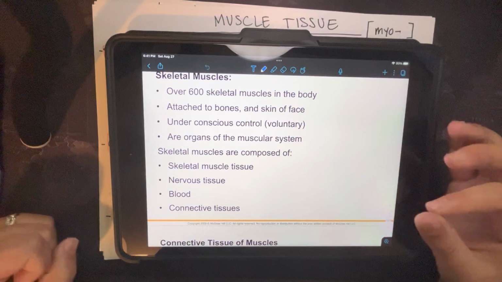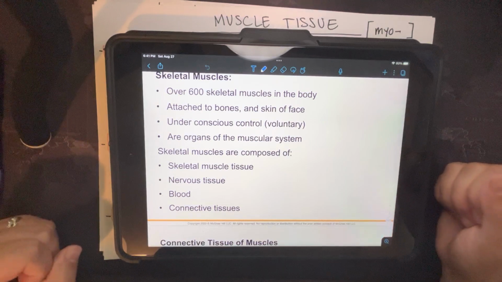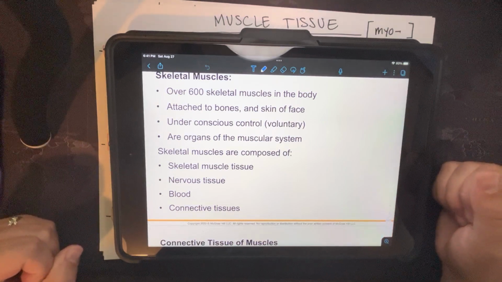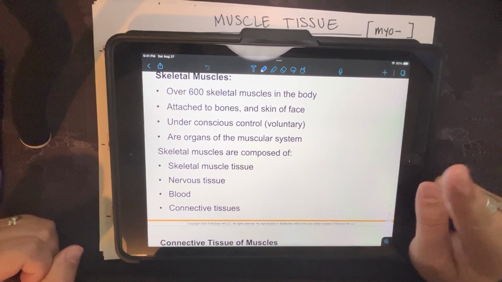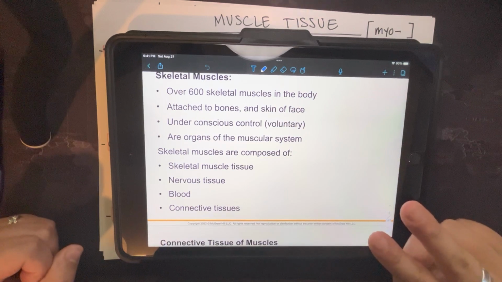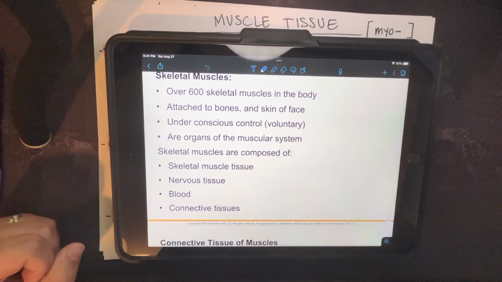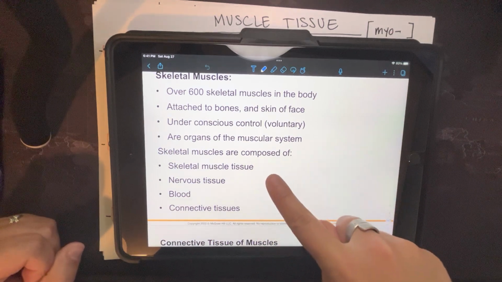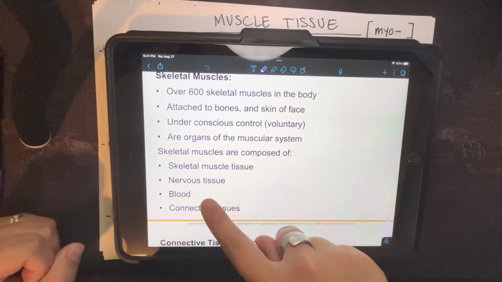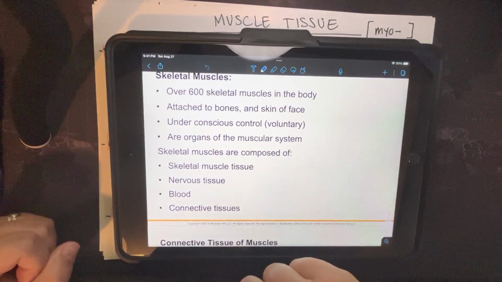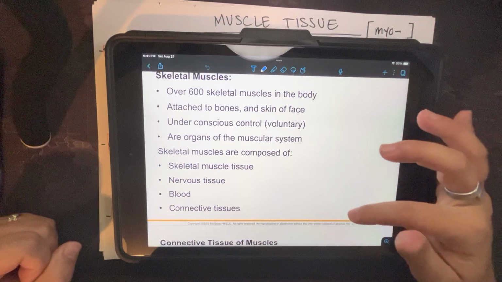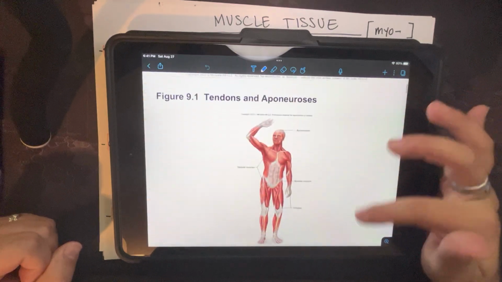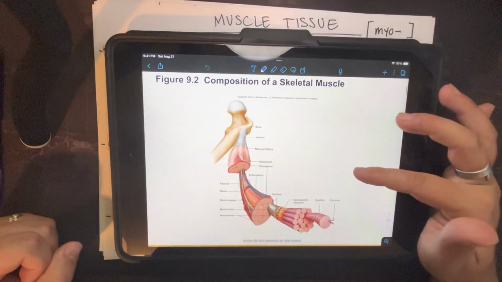Like our bones, how we talked about our bones being the organs of our skeletal system, the bones also have connective tissue, they have blood vessels, they have nervous tissue in the central canal. Our skeletal muscles also have skeletal muscle tissue, nervous tissue, and blood, which we know is a specialized connective tissue, as well as other connective tissues. We will discuss all of that in class.